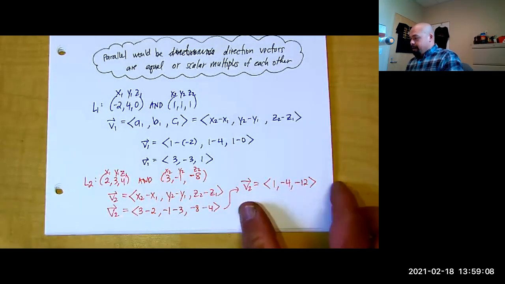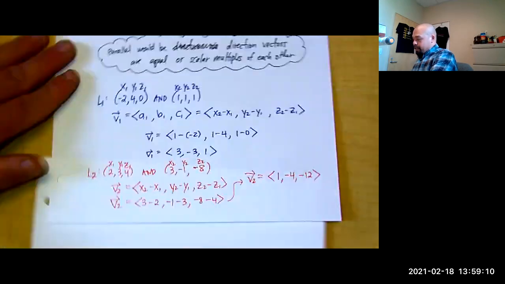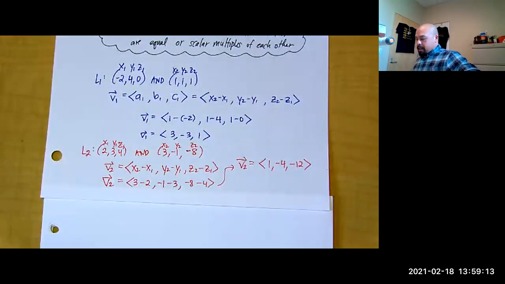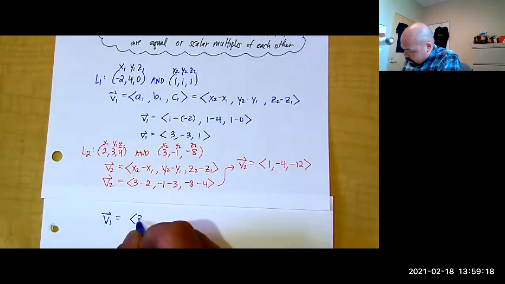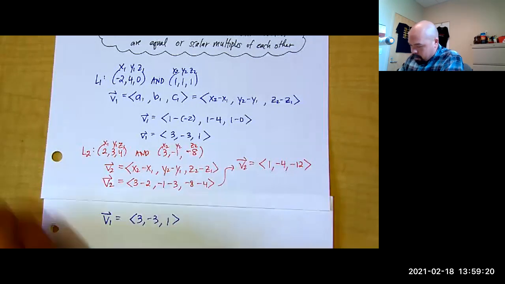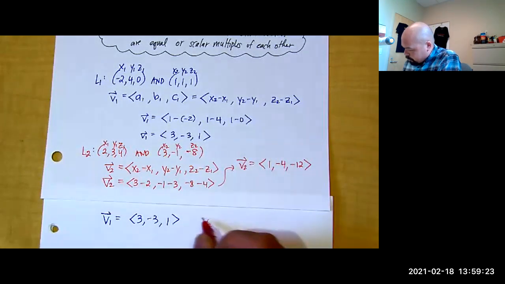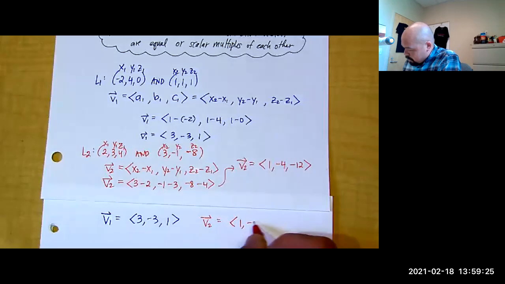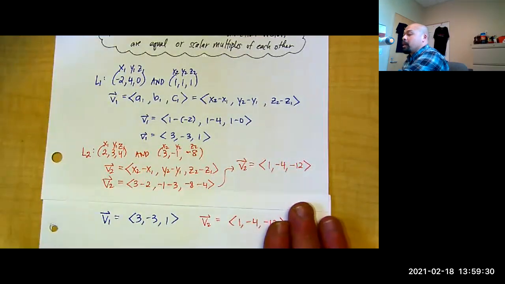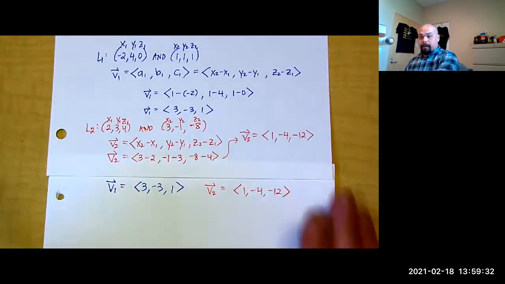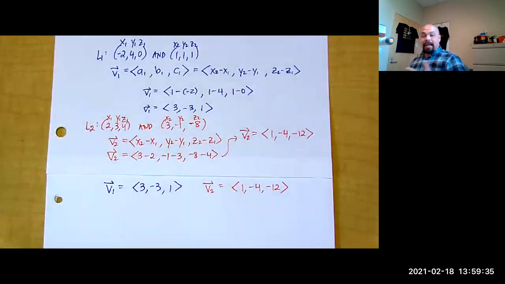So considering those two vectors, I know we're focused on whether or not these two lines are perpendicular at the moment, so we're definitely going to be checking that dot product. But as we start thinking about some of those other cases, are they parallel?